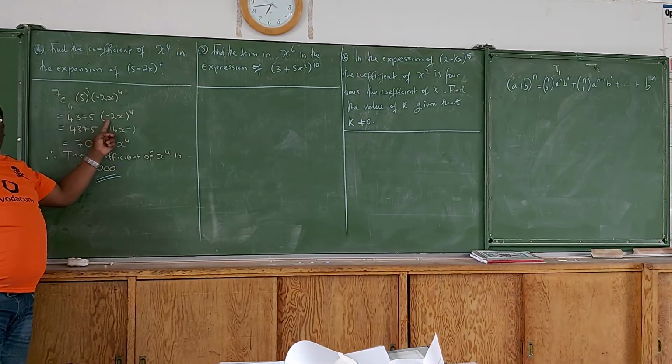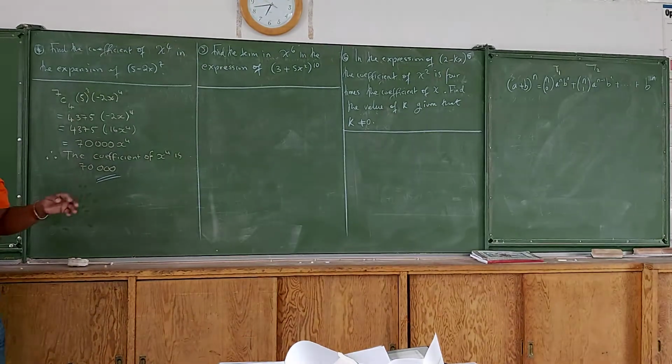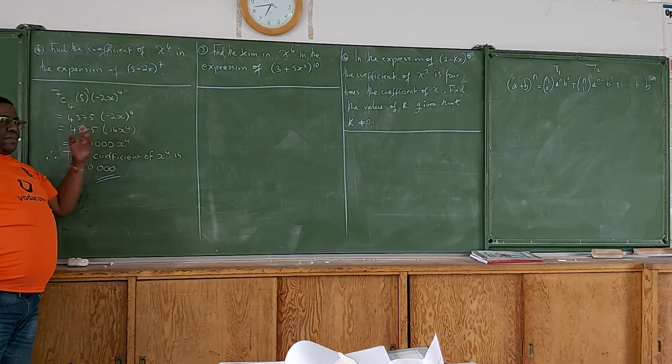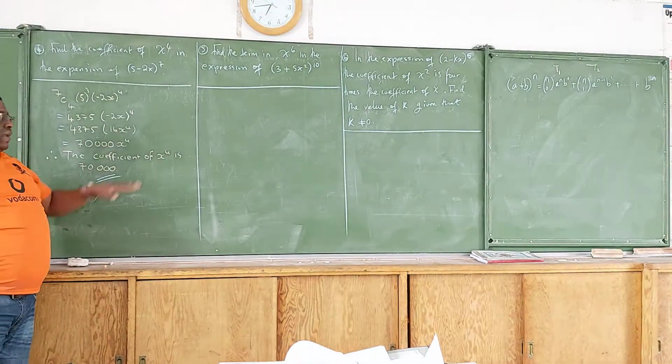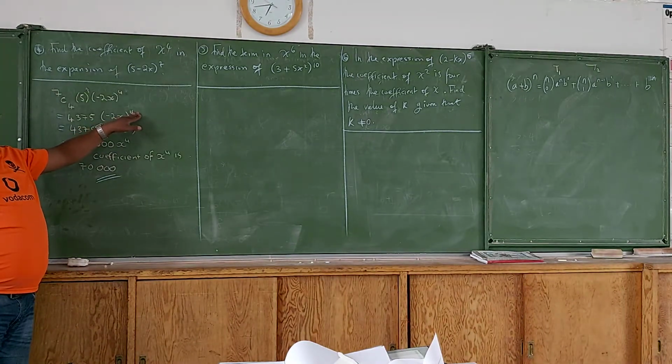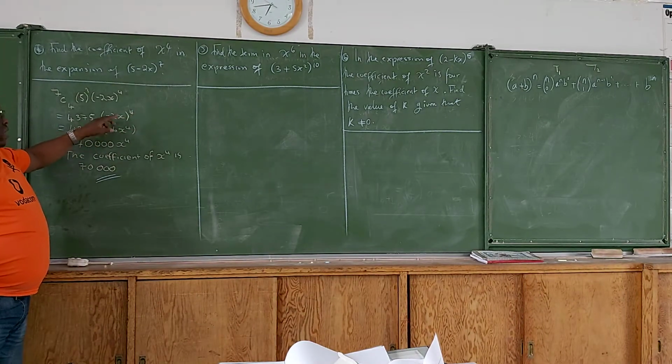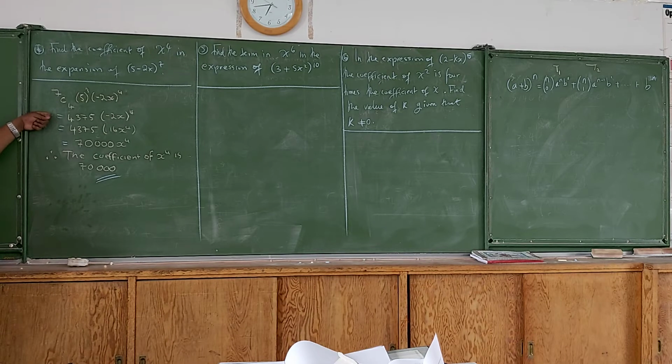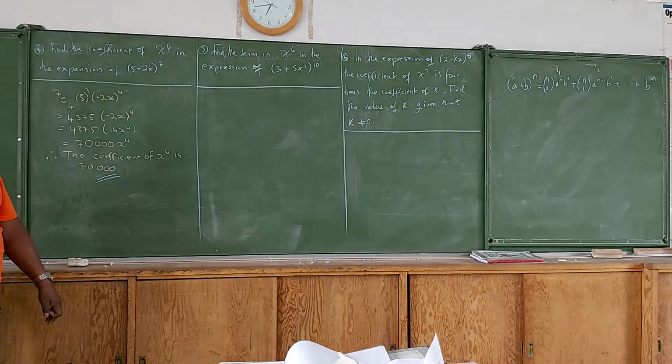Whenever you have a negative and you raise it to an even index, the value becomes positive. But had this been an odd index, I would be pulling out that negative, because I will get a negative answer. So the coefficient of x to the 4th will be 70,000.